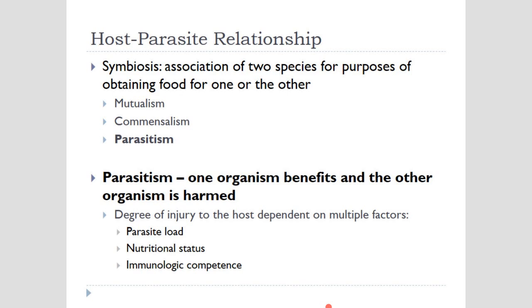So host factors are important. The other important factor is parasite load. Like we talked about infectious dose for bacteria, some bacteria, I said, even one is good enough to cause disease, and for others you need tons of bacteria to cause disease. In this case, again, that matters. So parasite load is important.